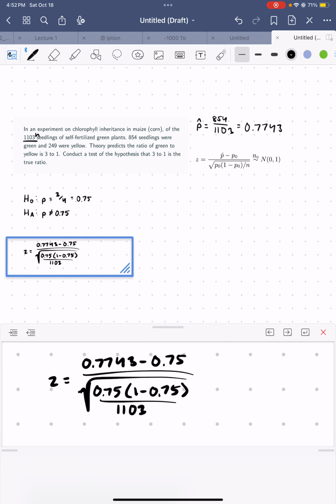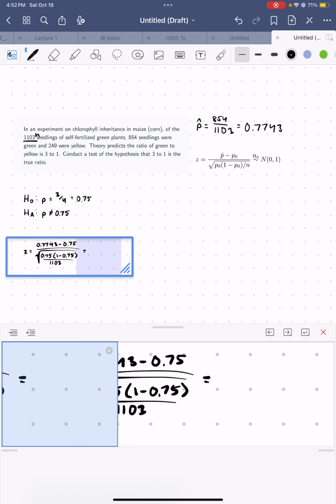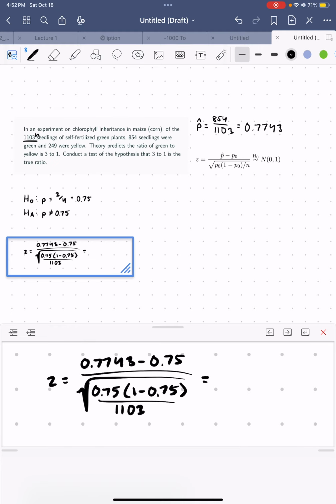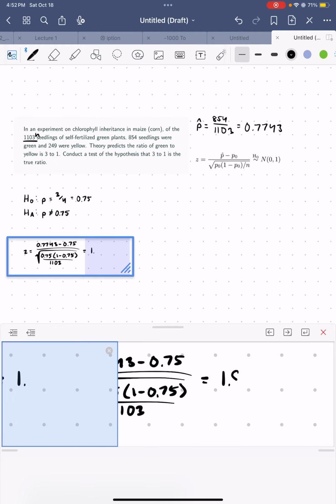And then if we calculate this, we should get our result, which is 1.8638. And so that's our z statistic.